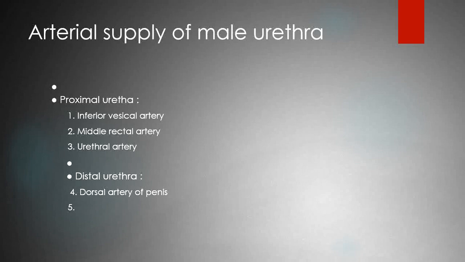Now I will explain the arterial supply of the male urethra. The proximal male urethra is supplied by the prostatic branches of inferior vesical artery and the middle rectal artery. Here I want to make one thing clear, that if I say the proximal male urethra, it means the intramural as well as the prostatic part of urethra.